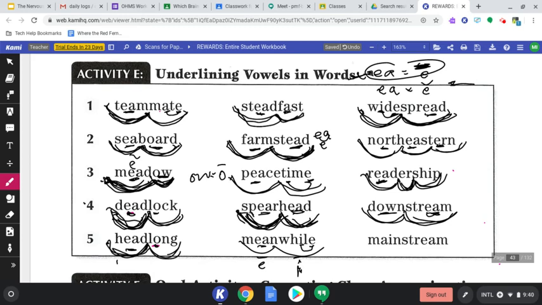Meanwhile. Long E, meanwhile. And lastly, mainstream. AI is going to give you long A. EA is going to give you long E. So that's two long vowel sounds there.